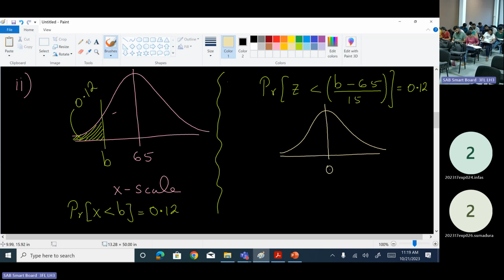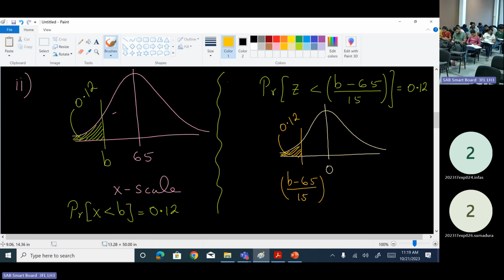Now we have to locate this. B was originally on the left side, so the transformed value also lies on the same side. So this area is 0.12.